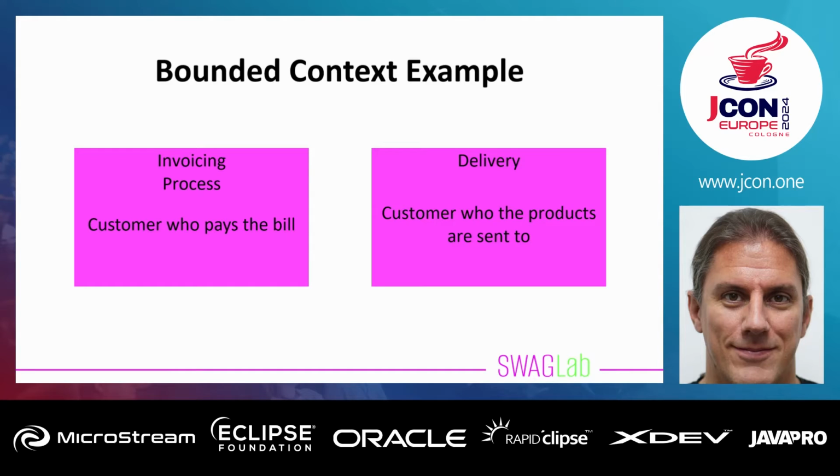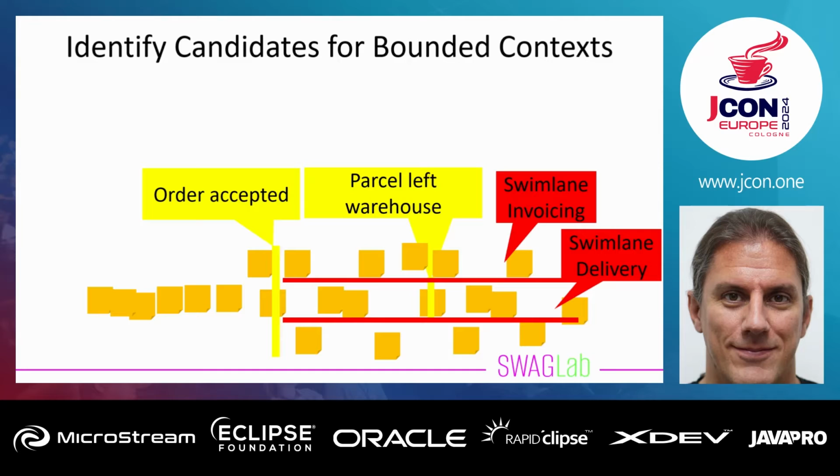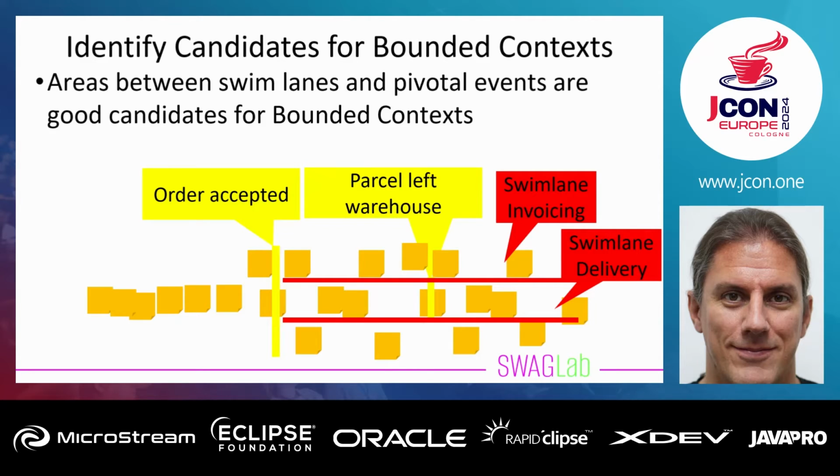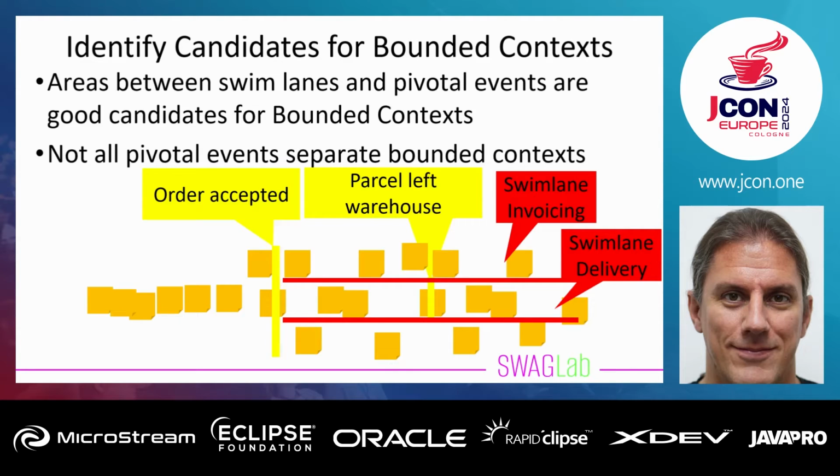How do you end up with these bounded contexts? Well, if we look at what we've created so far, I would argue that we can identify candidates for bounded context. So that would be the area between the swim lanes and the pivotal events, but not all pivotal events separate bounded contexts.